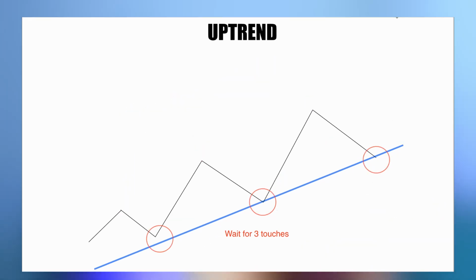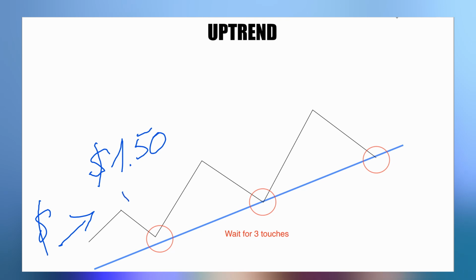Let's say, for example, we have a certain price and then the price increases to $1.50. And then price goes down a little bit to this point here. And now we're at $1.40 and then price goes up more.